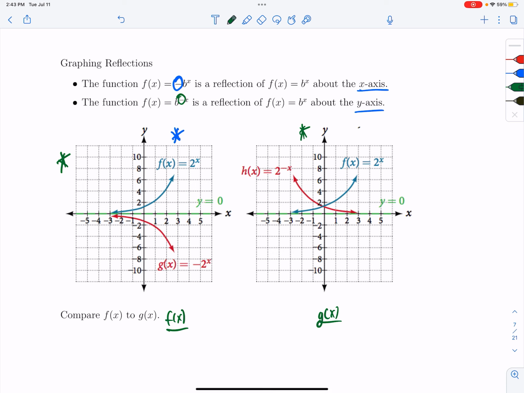Okay, so we've already seen this. The domain is all real numbers. The range is 0 to infinity. The y-intercept is (0, 1), and the horizontal asymptote is y equals 0. So for g of x, the thing that's changing is the range here and the y-intercept.